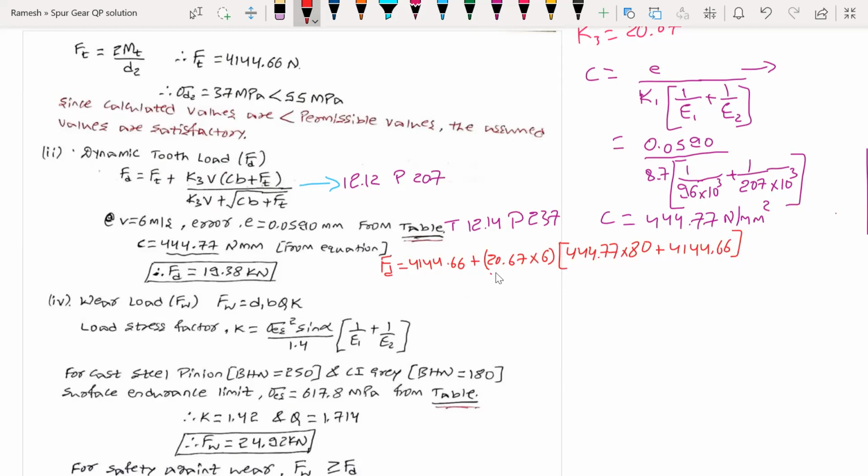Similarly substitute the values below: K3 into V, K3 is 20.67 into V, plus root of C, 444.77 into B, which is 80, plus the FT value.